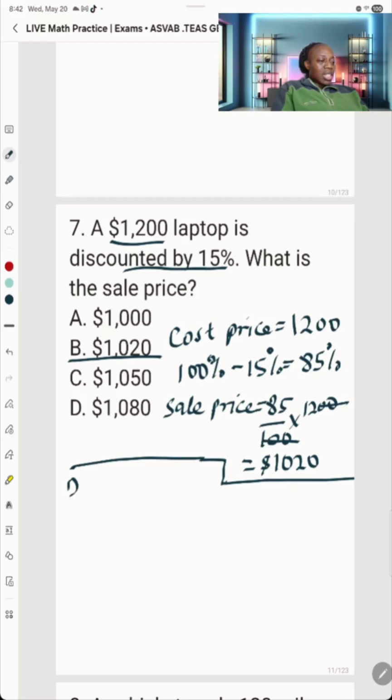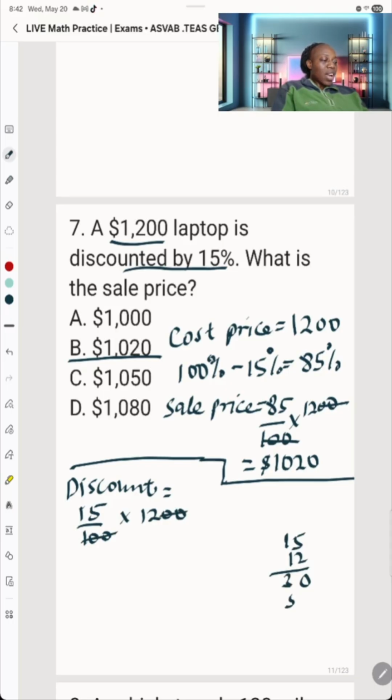Another method will be to find the discount. So what is the discount? Discount is 15 over 100 multiplied by 12. Then this 100 will divide all this. What is 15 times 12? That's going to be 180. That is the 15%.